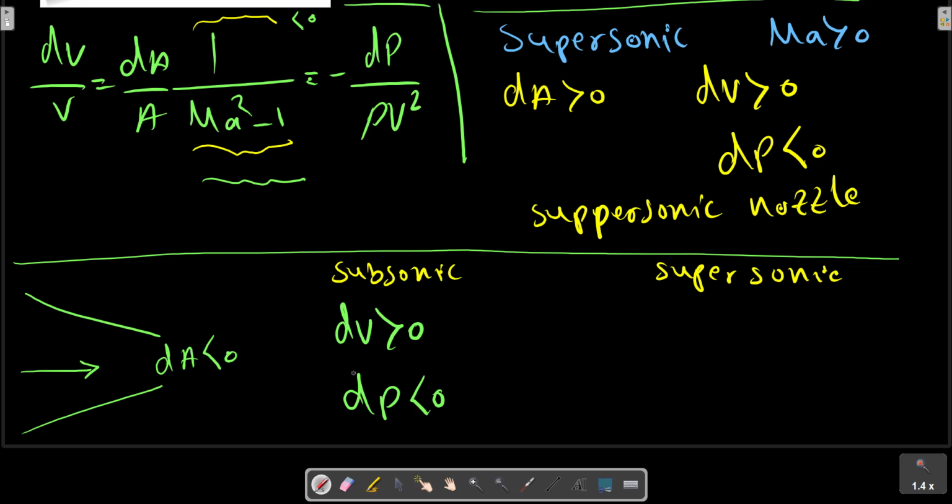This is a subsonic nozzle. For the supersonic, the Mach number is greater than 1, and this expression is positive. So if dA is smaller than 0, dV is also smaller than 0, and opposite, we have dP greater than 0. This is the diffuser.